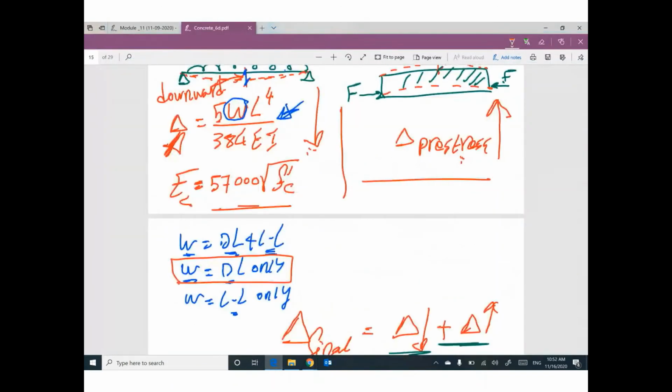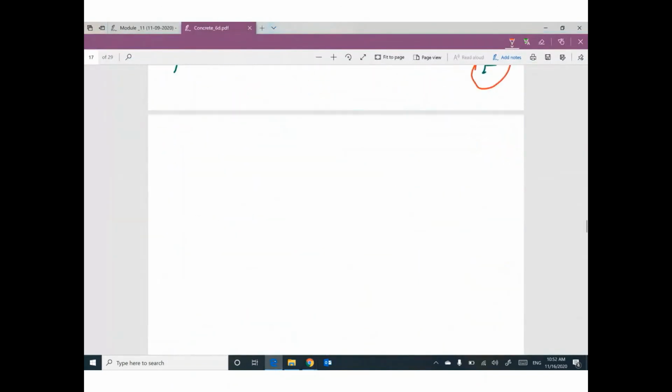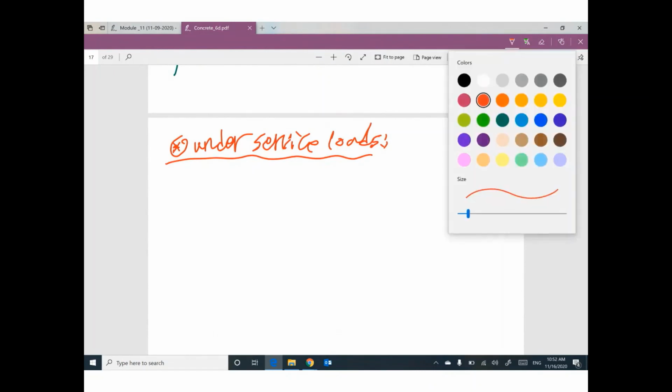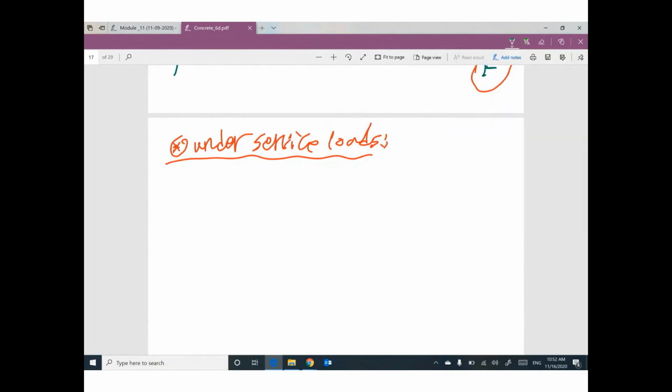Okay. Let's do under surface load. Guys, everything will be changed. Everything. Really? Yeah. Let's see. First of all, your W equals dead load plus live load. Both of them should be considered.